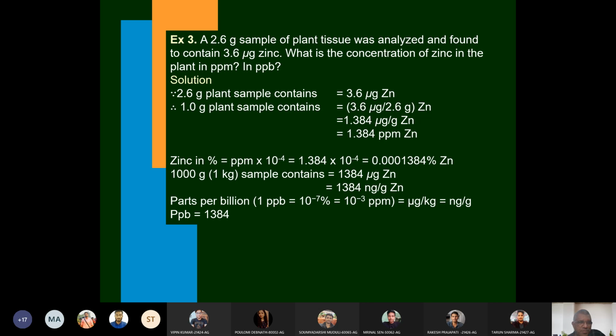Zinc in percentage, if you want, is ppm into 10 to the power minus 4. So you get 0.000138% zinc. 1000 gram, 1 kg sample contains 1384 microgram zinc. Parts per billion is 1384. So this is how you can do it.